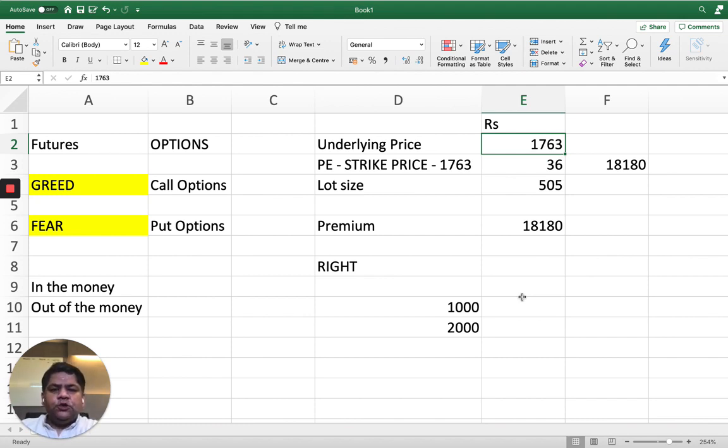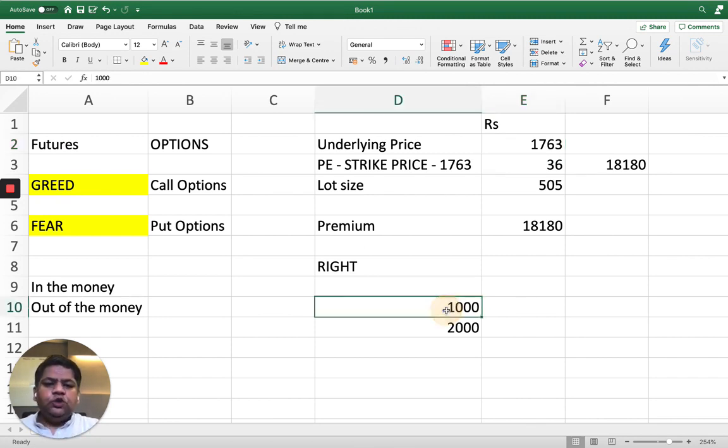If Reliance goes to 1000 rupees tomorrow, and you have one paper where it is written that no matter what the price goes, you can exercise the right to sell at 1763 if it is favorable to you, if you have that option to sell or not to sell.